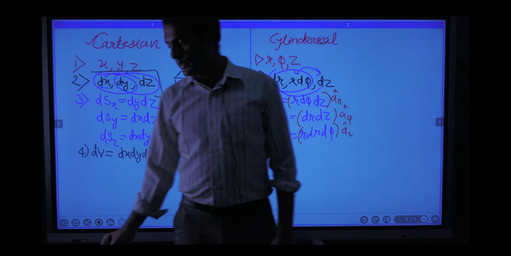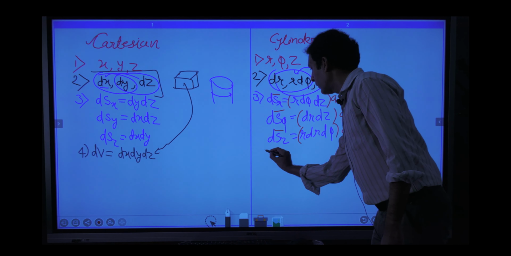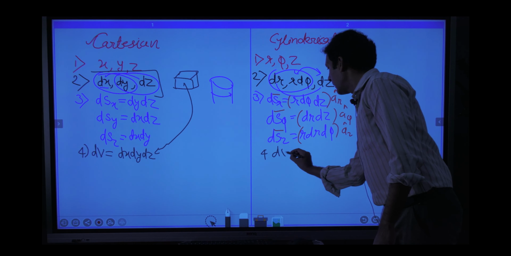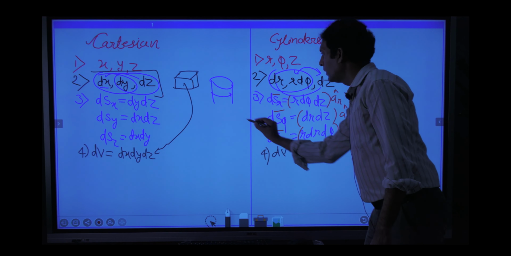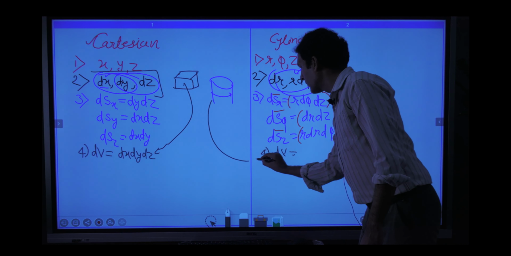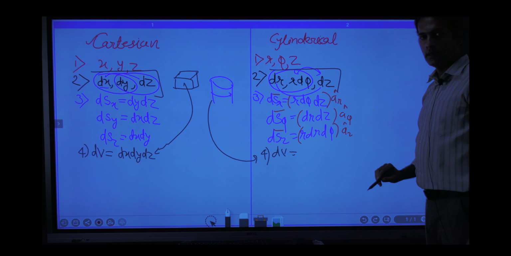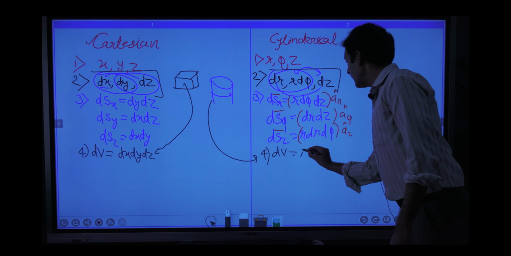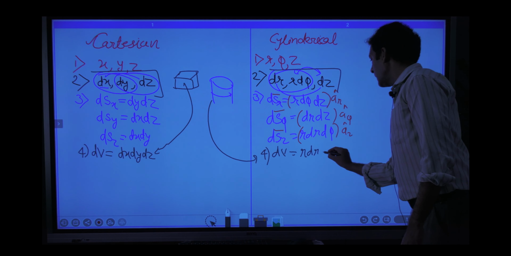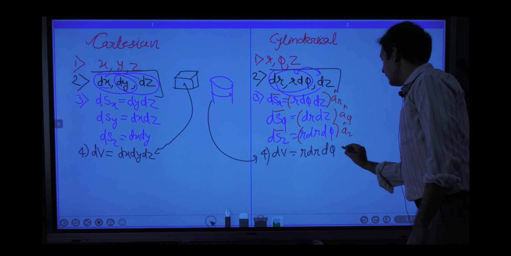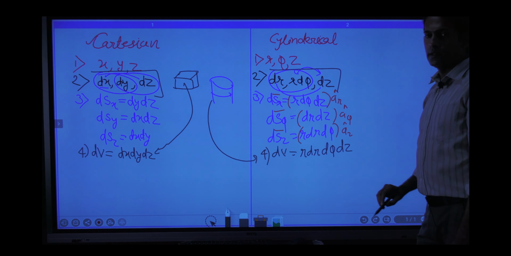Similarly for the cylindrical coordinate system, fourth parameter dv equal to, it will also be the product of these three elements. So what we will write, r dr d phi dz.